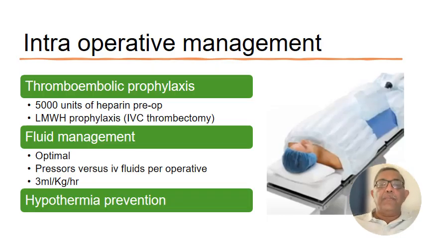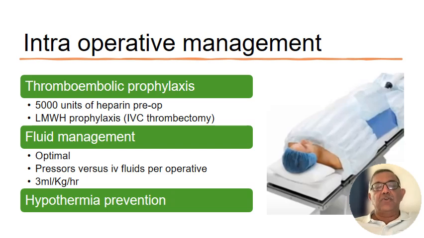The intraoperative management part of the ERAS protocol for nephrectomy includes thromboembolic prophylaxis, which is again important. 5,000 units of heparin preoperatively. This is followed by low molecular weight heparin for prophylaxis. Now, personally, I don't use it for longer periods of time.